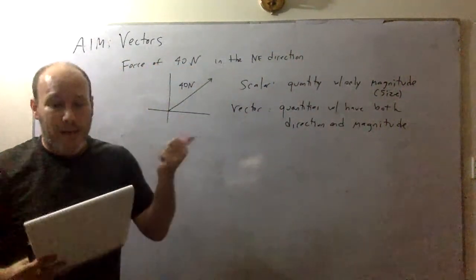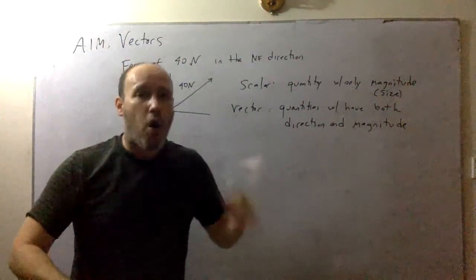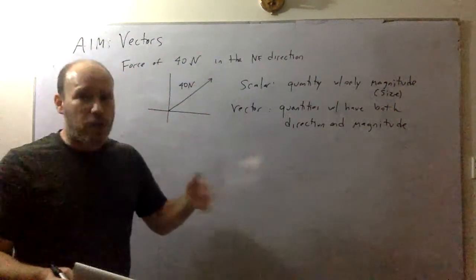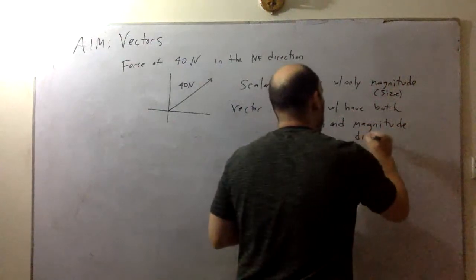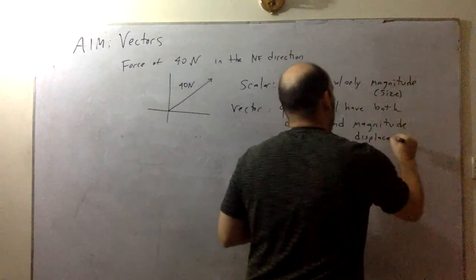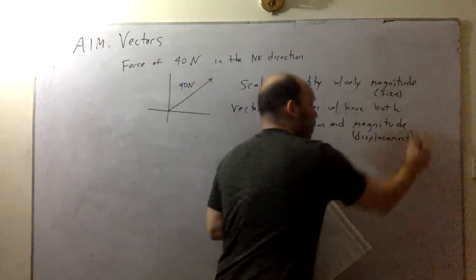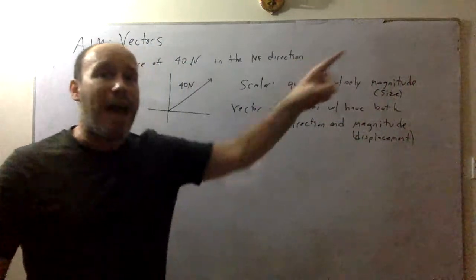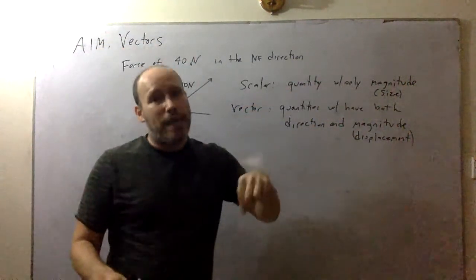Examples are velocity, acceleration, force, displacement, momentum. In the first unit, our magnitude is displacement, because once again, we're in a math class. We're going to be putting stuff on the Cartesian plane, going in that direction, like 10 miles. So that's what we're going to be doing here.